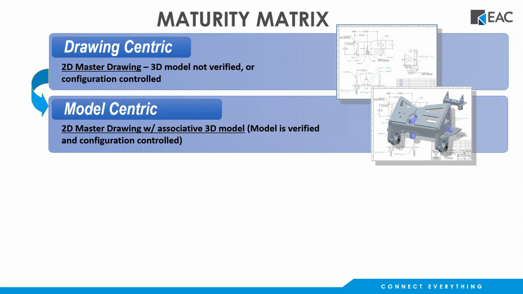And when that happens, we still might have discrepancies between the 2D drawing and the 3D model, especially if we're not taking the correct practices and not making sure that our dimensions are correctly verified.